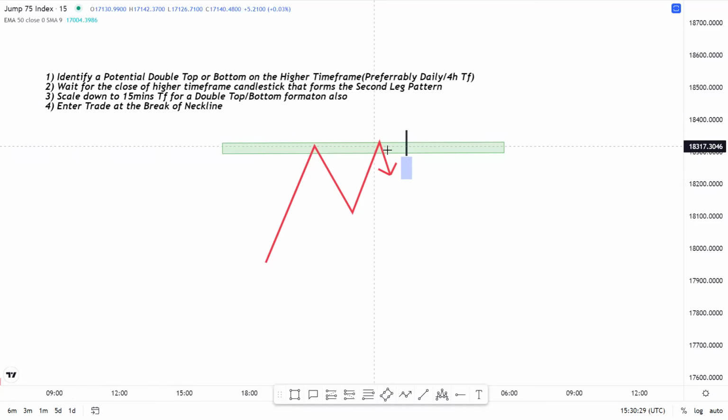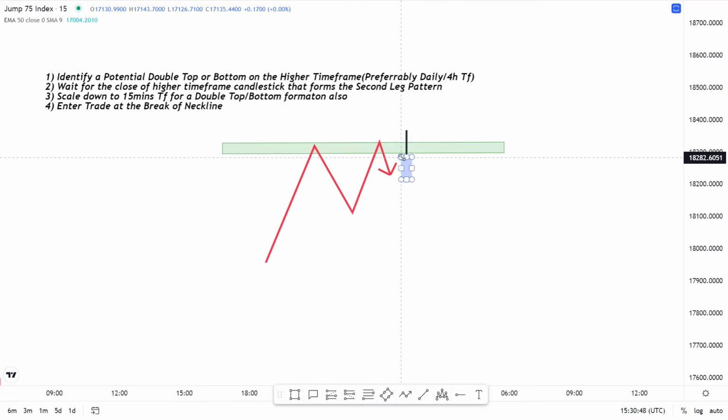So rule number 2 says: as soon as price trades back to this resistance level where we have the first leg of the M pattern bounce off from, we want to wait for the current 4-hourly candlestick to close, assuming we are looking at this from the 4-hourly time frame.